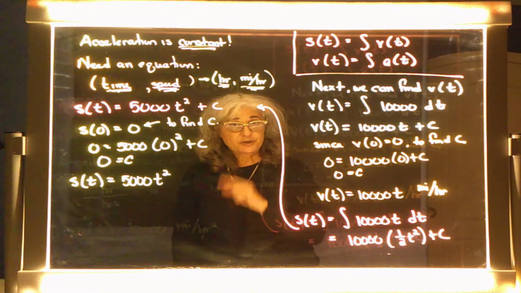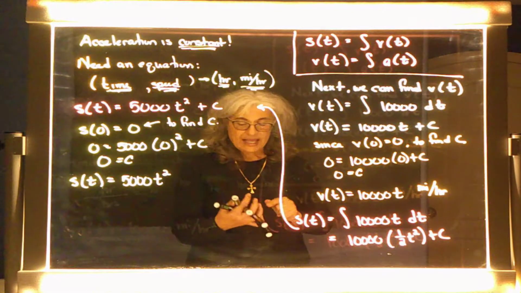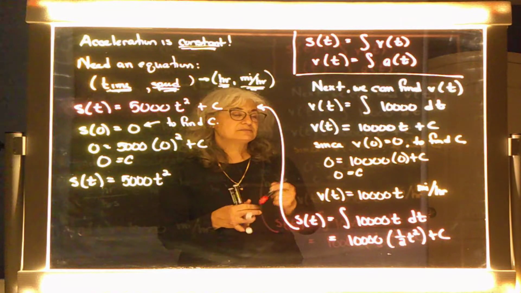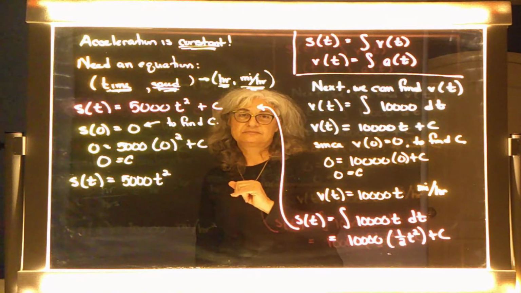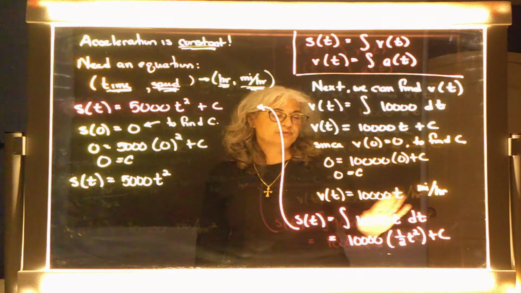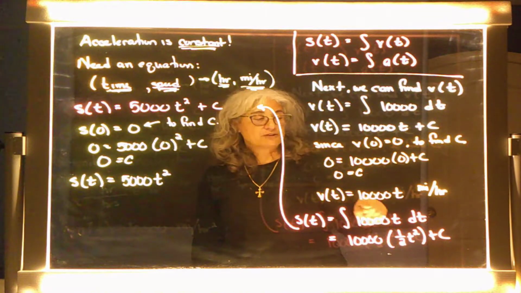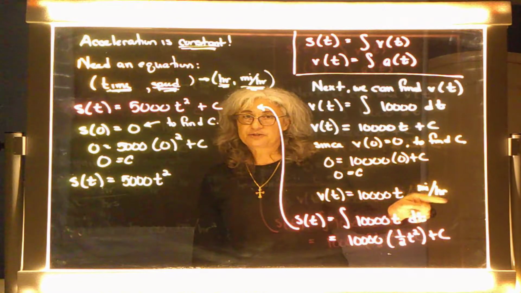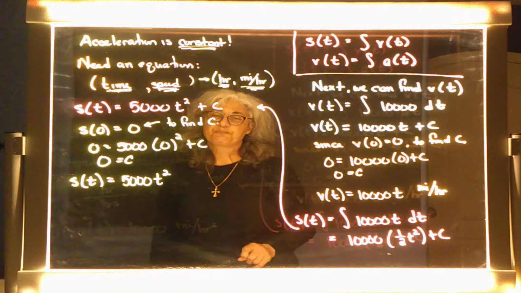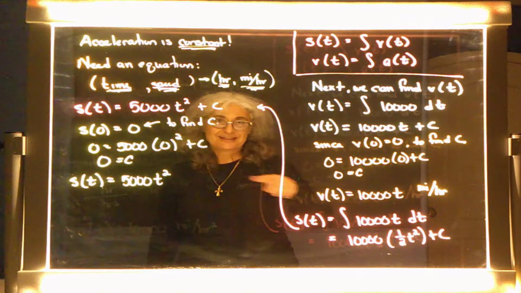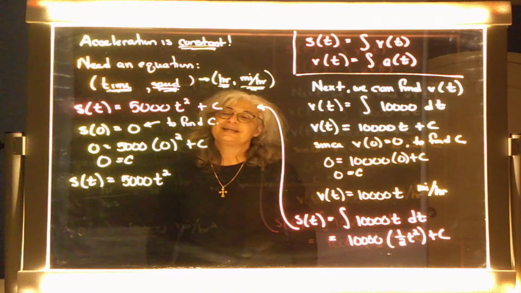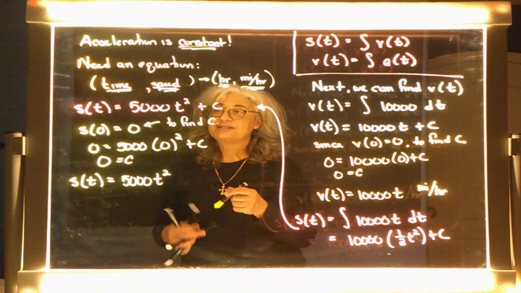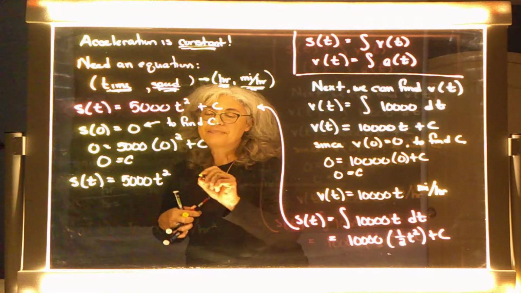Okay, now I got a question for you. Acceleration was in miles per hour per hour. We took the antiderivative and got the velocity. The velocity is in miles per hour. I integrated that. What do you think my starting point is going to be in? Yeah, the starting point is simply going to be in miles.